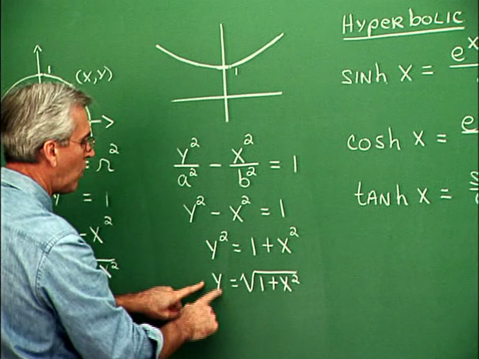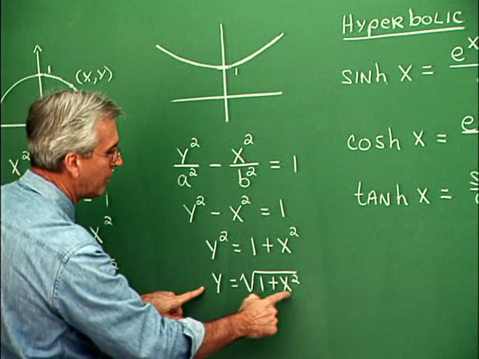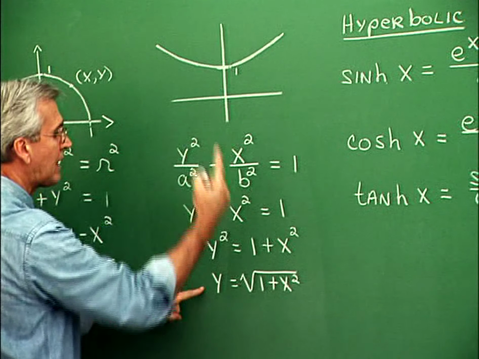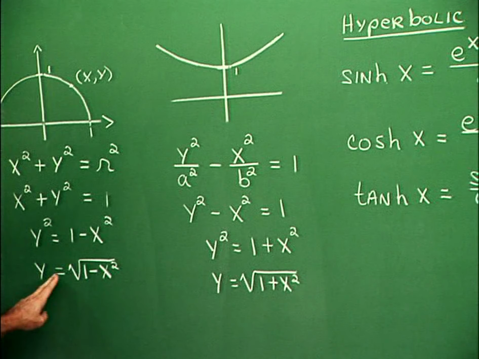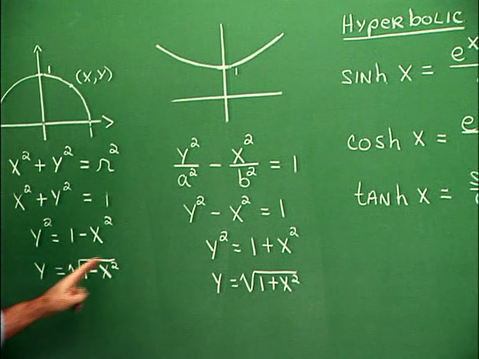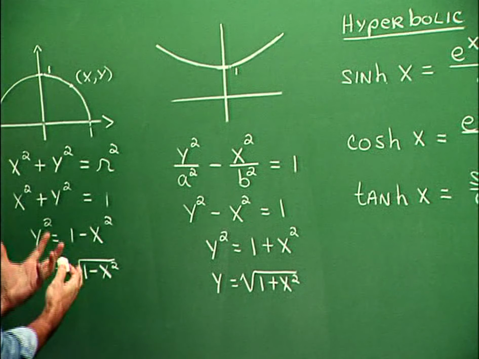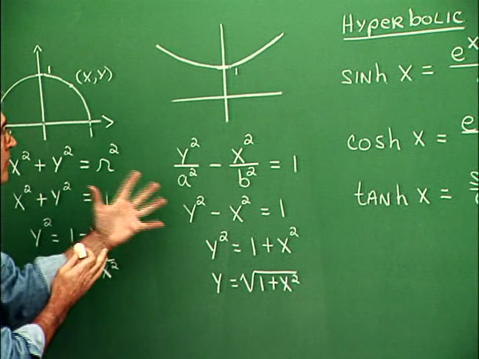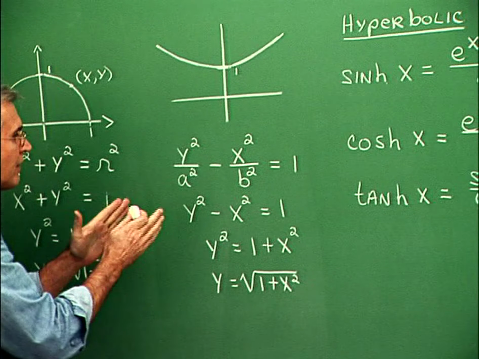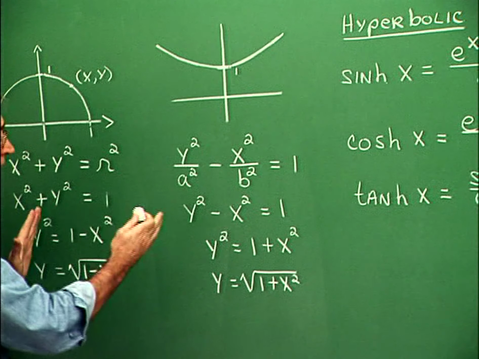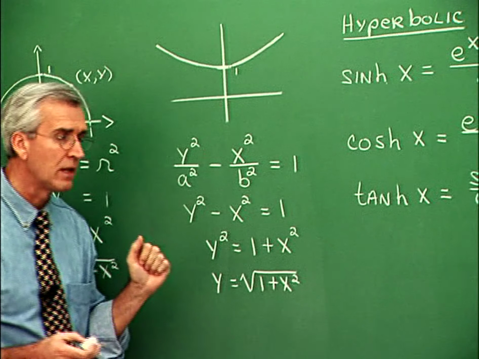Solving for y, we find y to be plus or minus the square root of 1 plus x squared. Since we're only talking about the upper branch, though, we have this. Now, look at the similarity between these two. Very, very similar, and someone developing the ideas about hyperbolic functions, about this unit hyperbola, could follow a very similar kind of logical path that would be followed with the trigonometric functions over here.